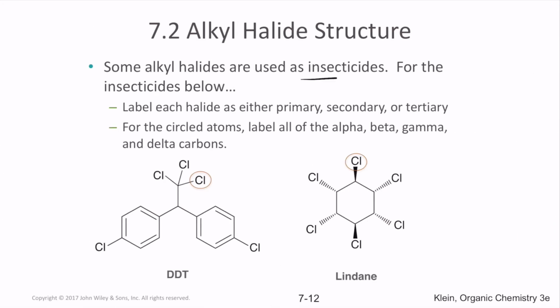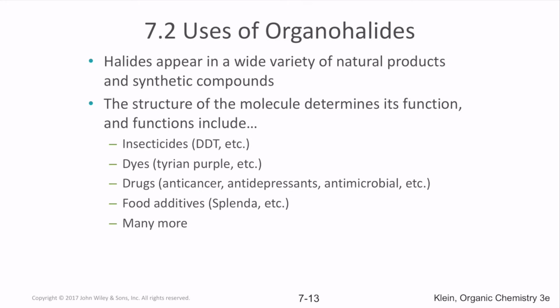Now, some alkyl halides are commonly used as insecticides, and some of the common ones are DDT and lindane. DDT is the original compound that is used to kill mosquitoes, and mostly it comes in the form of a foggy spray. Lindane is another compound that's commonly used as an insecticide as well. Now, halides appear in a wide variety of natural products and synthetic compounds.